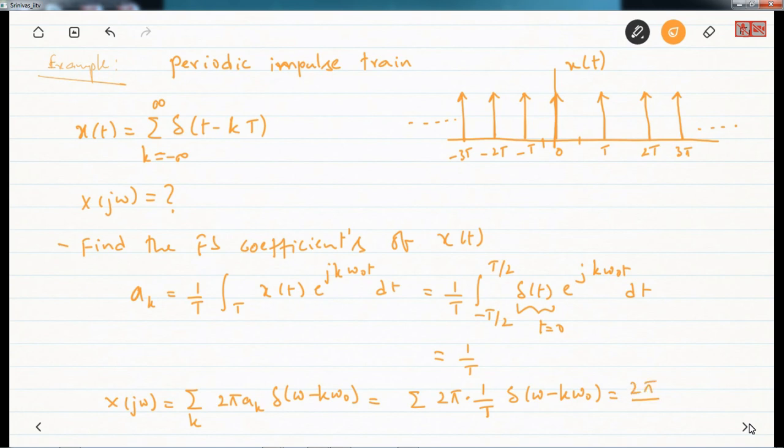That is simply 2 pi by T, summation of delta of omega minus k omega naught.